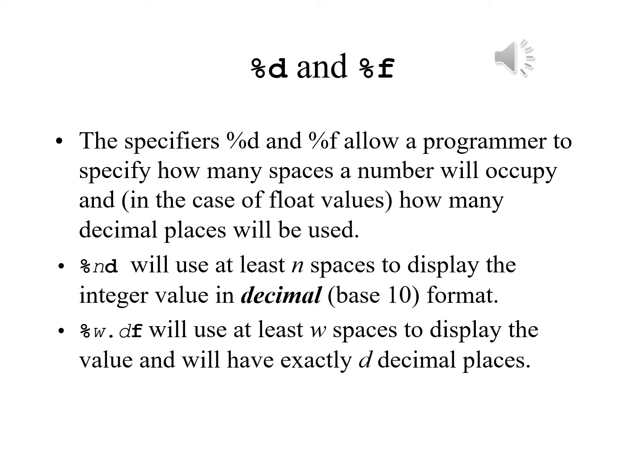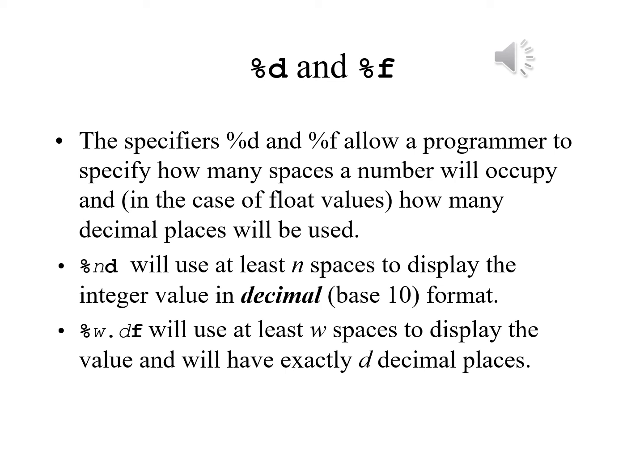%f is for floating point, and it will work for double precision as well. If I put in the number, it'll tell me how many spaces it will use in most cases. So, %nd tells me that it will print the number in question using at least n spaces.